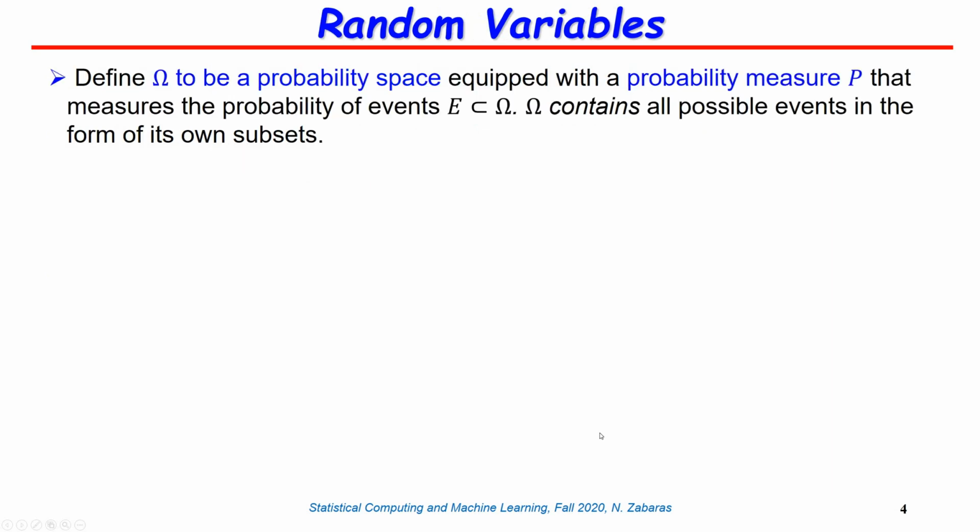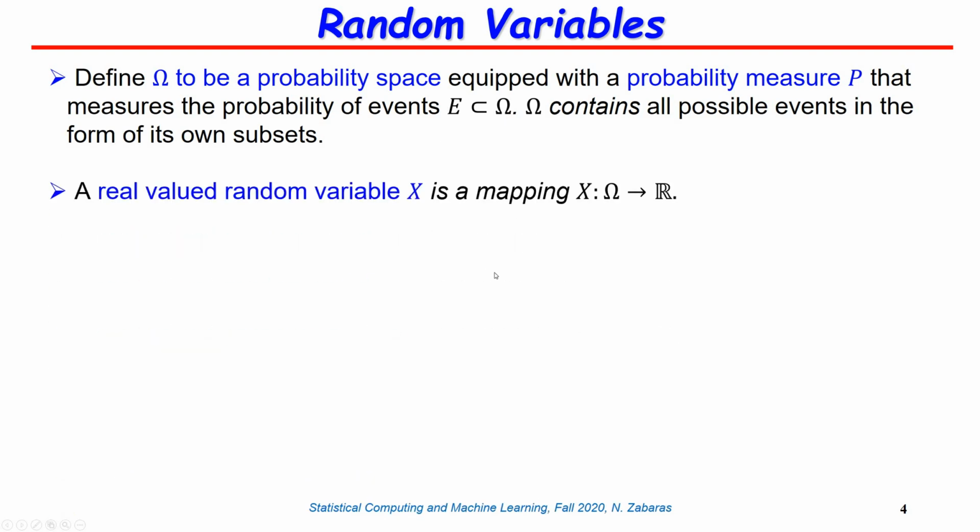Alright, so let's define what we mean by random variables in some basic way. We're going to introduce what's called the probability space, which is the space of all possible events, and also a probability measure P to measure the probability of different events from the probability space Omega.